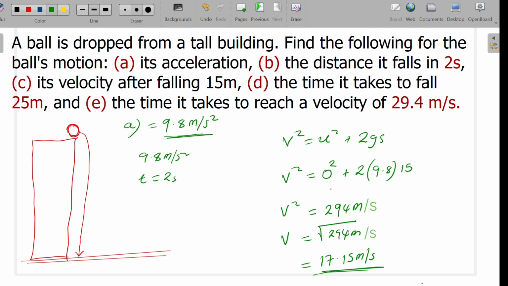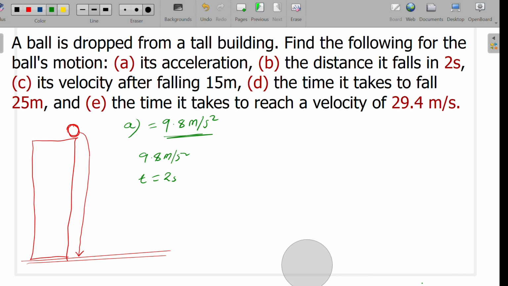D is saying the time it takes to fall 25 meters. So in this case, we are looking for time, the time that it will take to fall 25 meters. Which formula is suitable for this one? Again, we are talking about distance. We need a formula that has distance in it, and the suitable one is S is equal to UT added to half GT squared, like this.